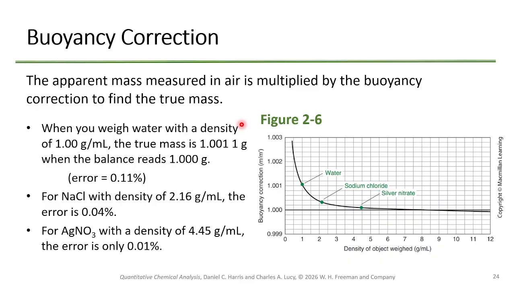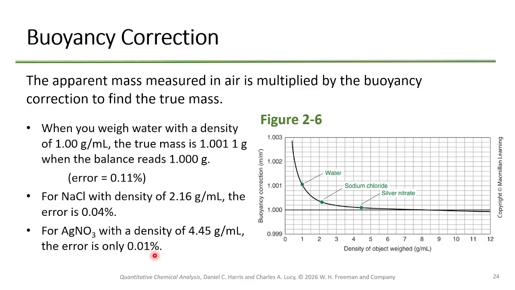Okay. And so when you weigh water with a density of 1 gram per milliliter, the true mass is actually 1.0011 gram when the balance reads 1 gram. And so this is actually the error from the buoyancy right here. Okay. For NaCl with a density of 2.16 grams per milliliter, the error is this right here, 0.04%. Notice as you get more dense, this buoyancy error fades off really fast.